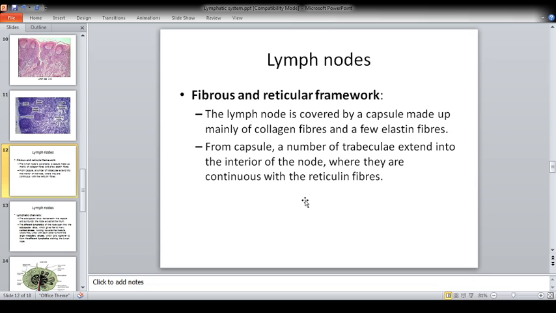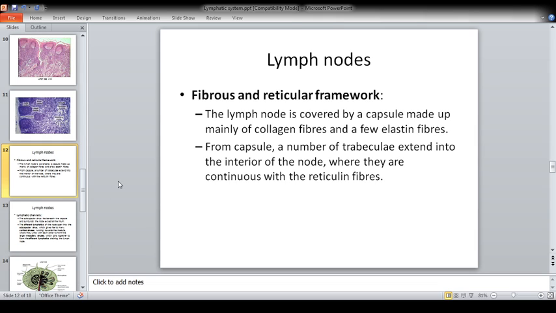So all of the structural integrity of these tissues is maintained by these collagenous fibers. Same is the case of lymph node. They form a capsule which would maintain the size and shape of lymph node. And from the capsule, a number of trabeculae would extend into the interior of the node where they are continuous with the reticular fibers.